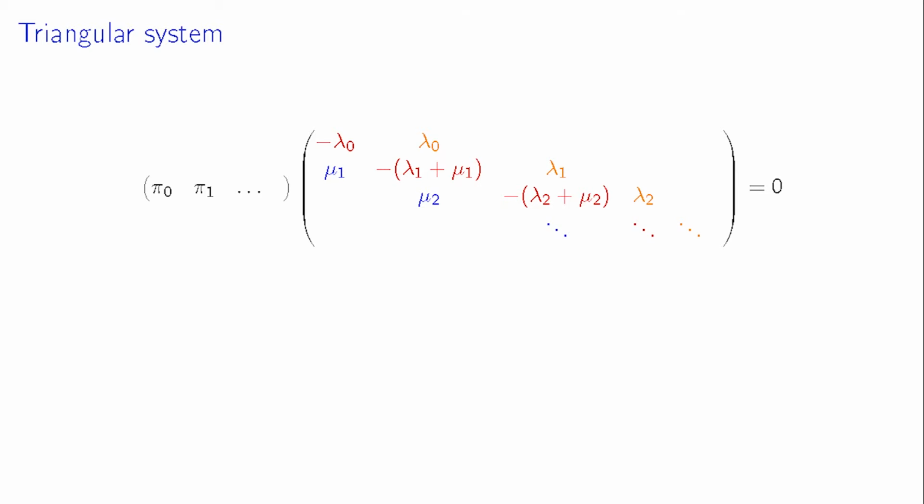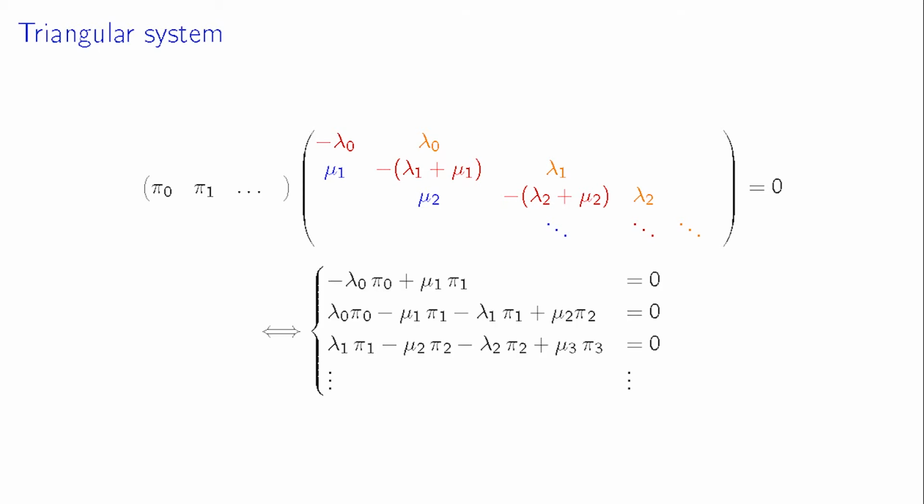This is, of course, due to the fact that the only possible transitions are from i to i+1 or i-1. When we write the system pi Q equals 0, we see that at each line only pi i, pi i-1, and pi i+1 are involved. We can go even further and greatly simplify this system.